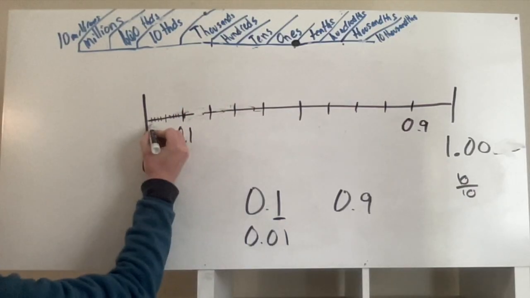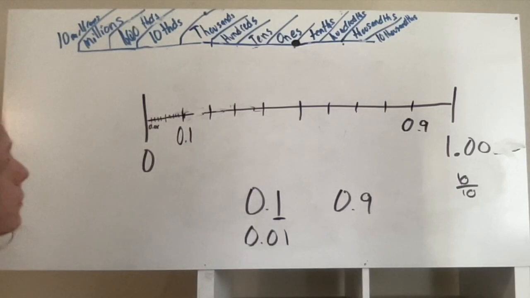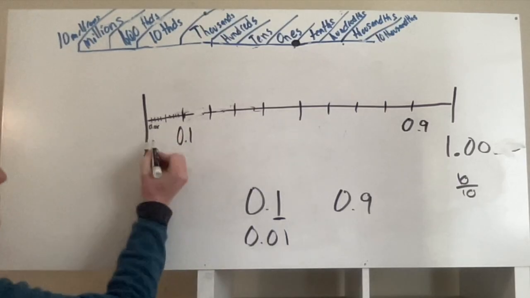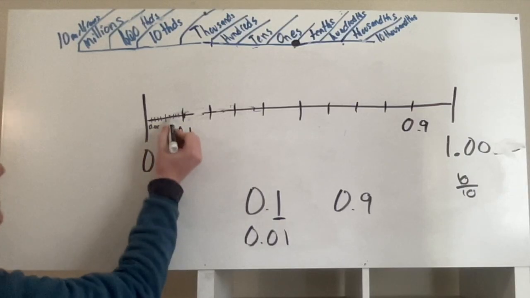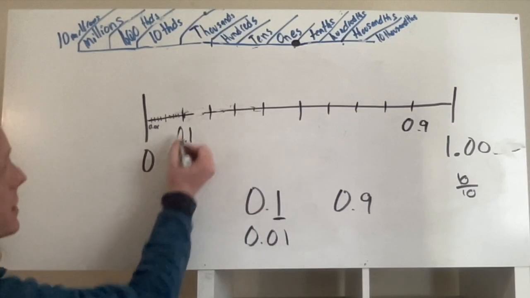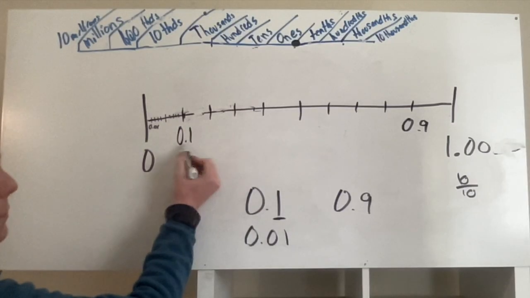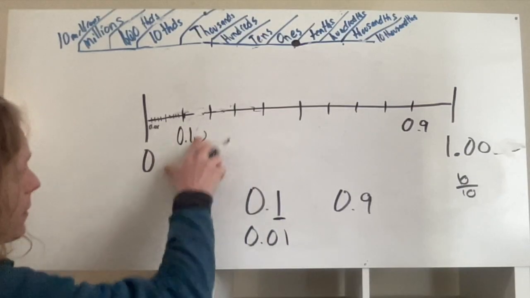And this right here, that's 1/100th, okay? 2/100ths, 3/100ths, 4/100ths, 5/100ths, 6/100ths, 7/100ths, 8/100ths, 9/100ths, 10/100ths, right? If we write it like that, now it's 10/100ths.